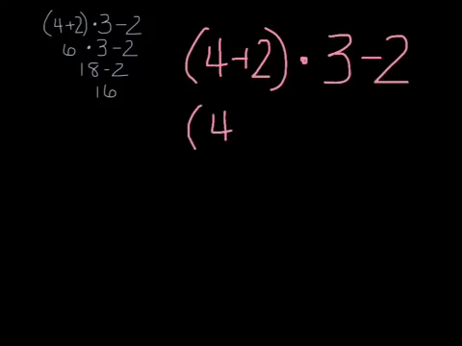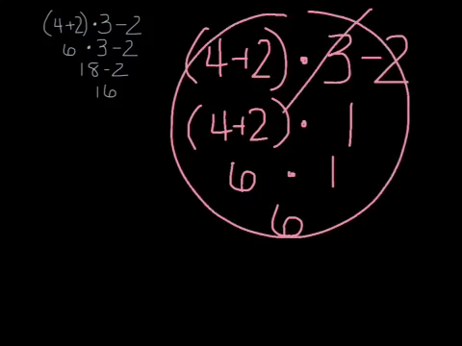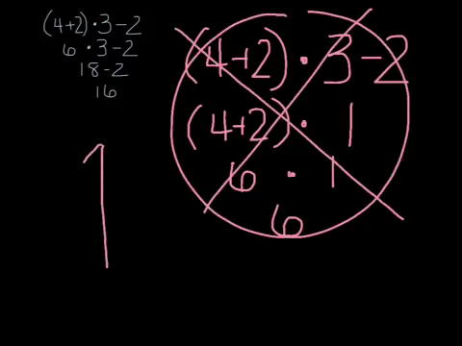I would do 4 plus 2 times 1. And then maybe I would do 4 plus 2 is 6 times 1. And 6 times 1 is 6. You can see I did not get the same answer. I did this problem incorrectly. This, using the order of operations, is the correct way to do it.